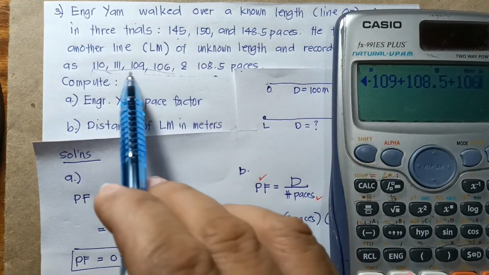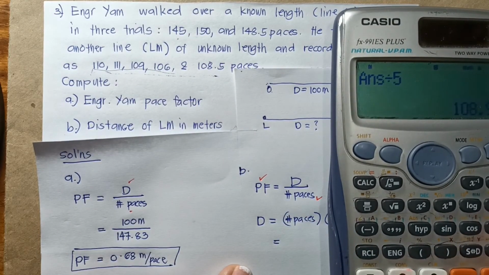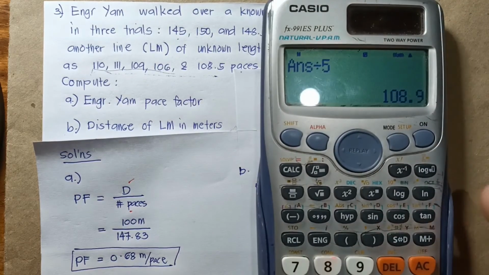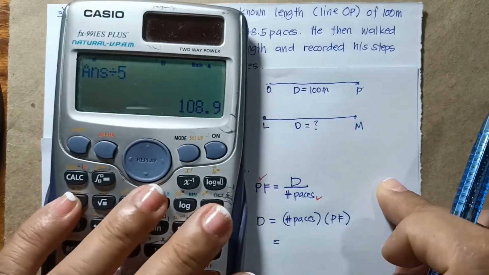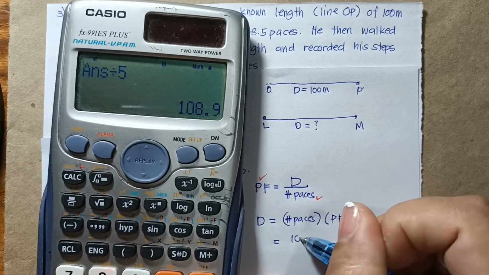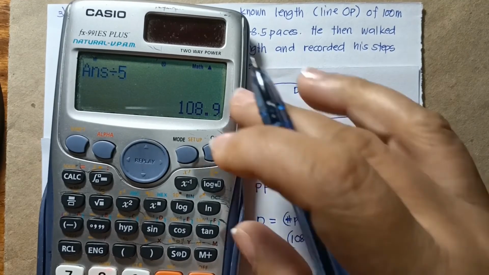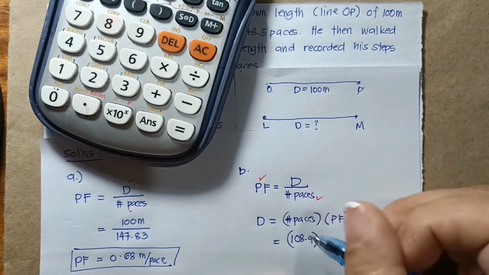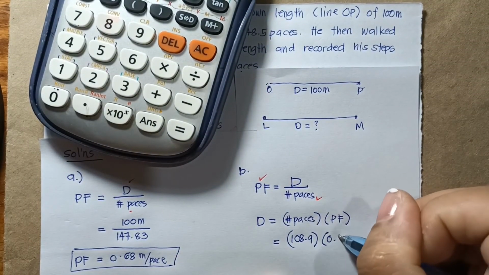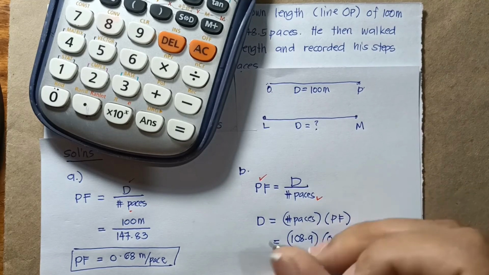divided by 5, and the average number of paces is 108.9, times the pace factor of Engineer Yam, which is 0.68 meter per pace.